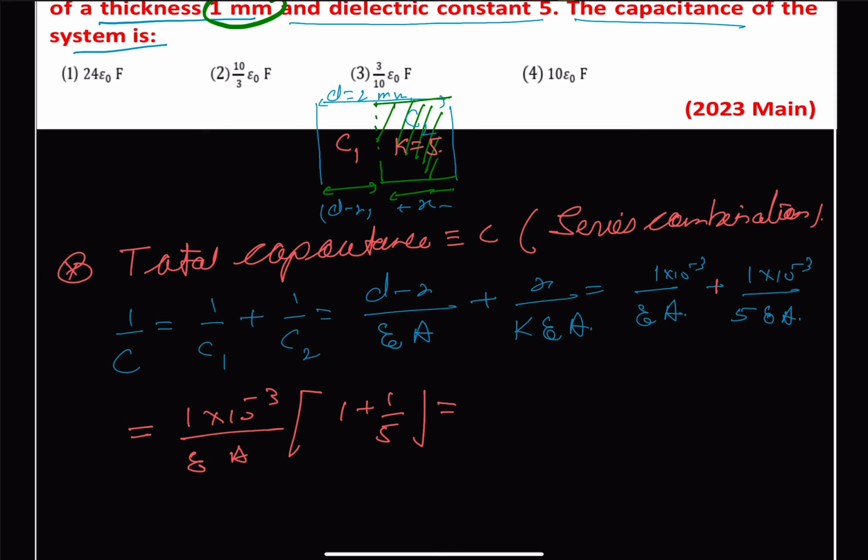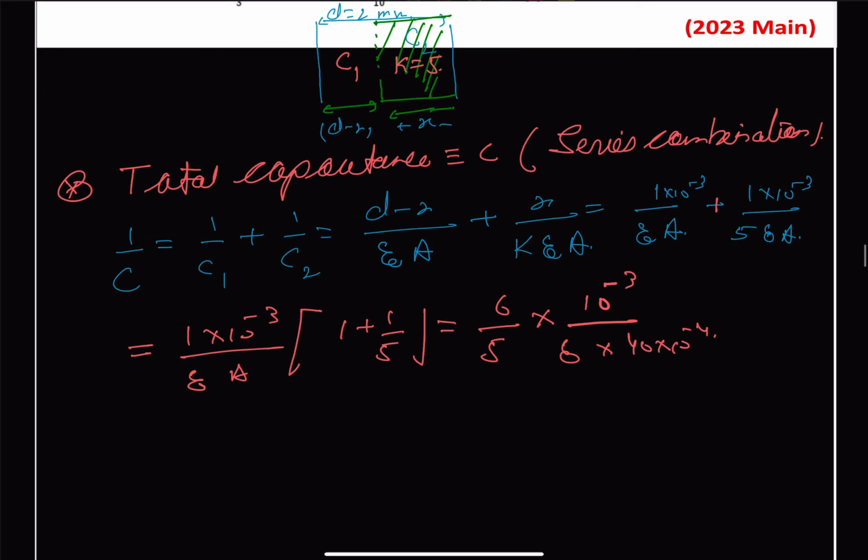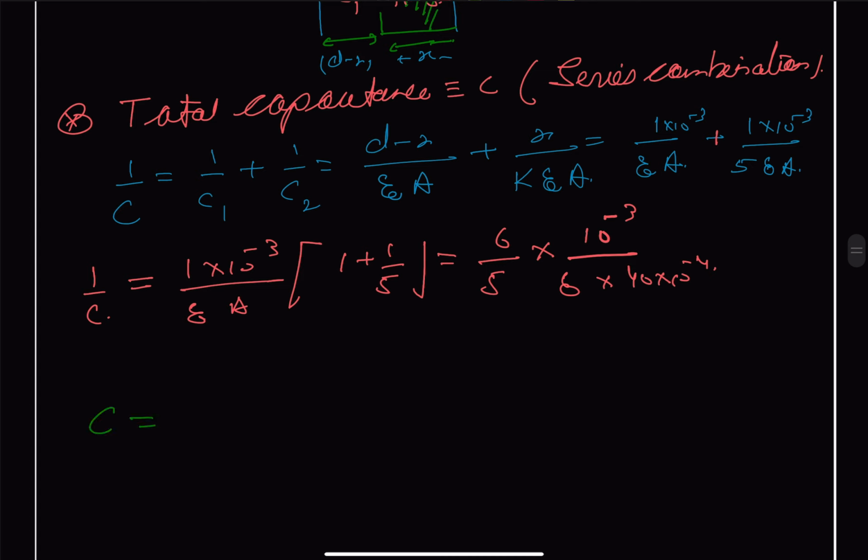So this will be 6 by 5 multiplied by 10 to the power minus 3, and the area is already given to us, 40 centimeter square, so this comes as 40 into 10 to the power minus 4, and we can just cancel it, and this will be 1 upon C. Therefore we can say that our C is equal to 6 into 10 to the power minus 3 in the numerator, and in the denominator 5 into epsilon multiplied by 40 multiplied by 10 to the power minus 4.